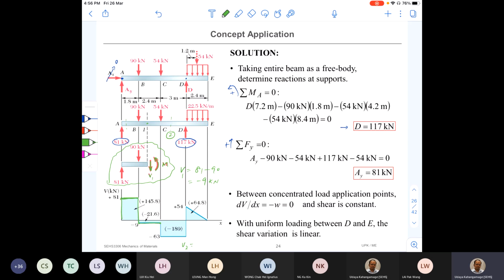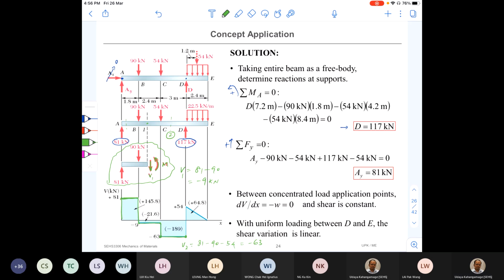V2 is equal to 81 minus 90 minus 54. Right. So that is minus 63. That is what happened to the shear force just after C, minus 63, go down. And then from C to D, no other forces, therefore shear force remains constant up to point D, D minus.